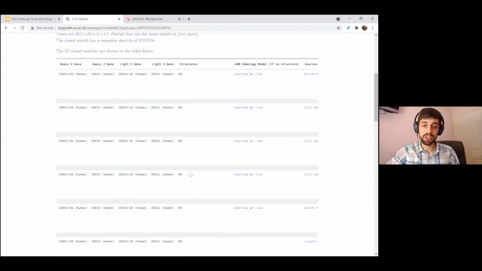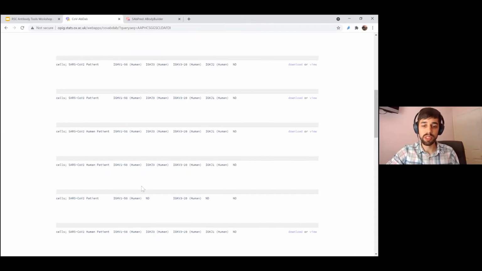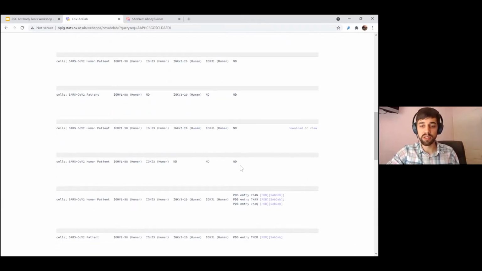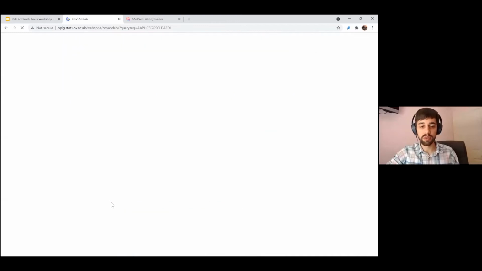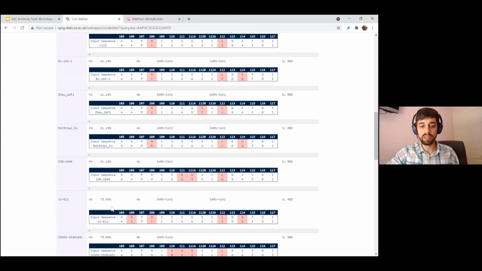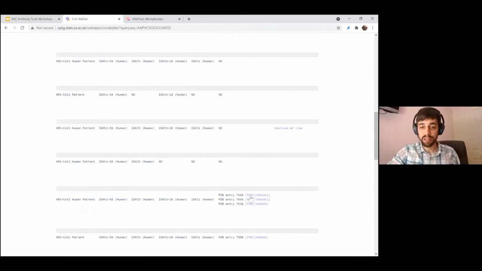Talking about structures, if we scroll down, we notice that while many of these don't have a solved structure, we do actually have some solved structures in our database. So this entry here, S2E12, which has a 75% sequence identity match to our convergent clone of interest, actually does have some solved structures here in the PDB.